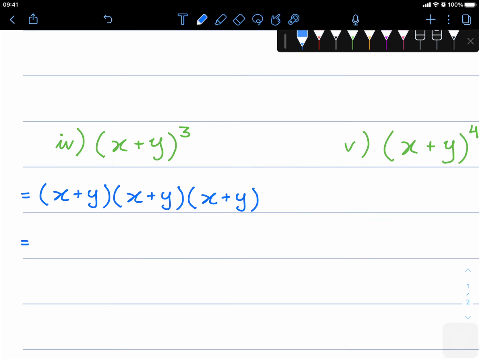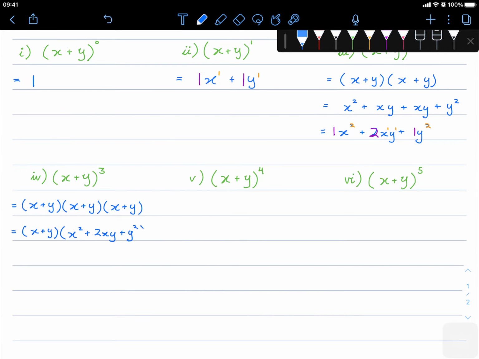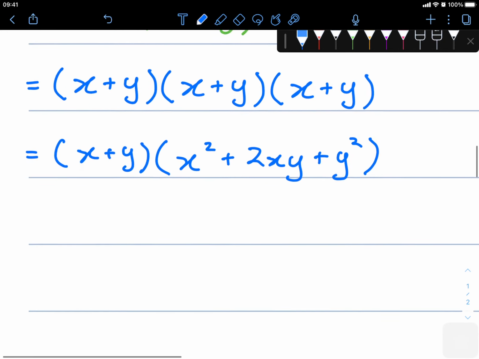Fortunately though, we already know the expansion of this because these two is x plus y squared. So we could easily replace that with the following. X plus y outside of this expression here. That's x squared plus 2xy plus y squared. And we're going to expand that one very carefully. Like so. Take a look.